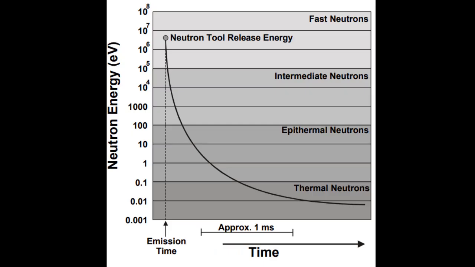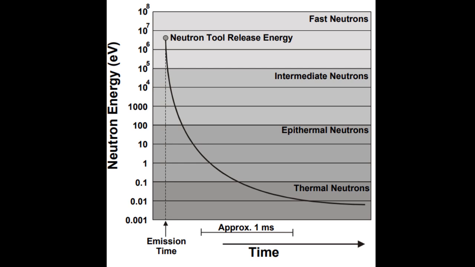Okay, so now when the neutron tool is releasing these fast neutrons, they are of course with high energy, with high speed, but in just a little time, let's say microseconds, of a solid material being exposed to this fast neutron source, the formation already slows down the incoming neutrons through different stages.